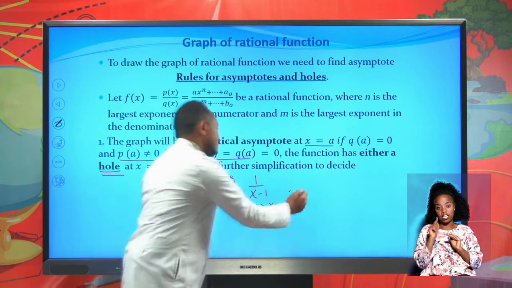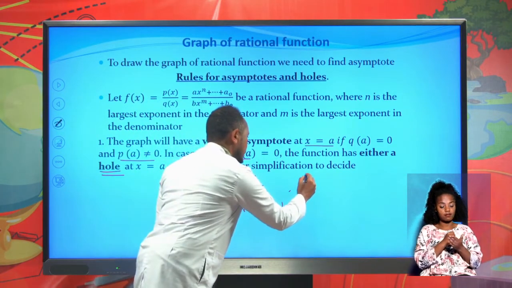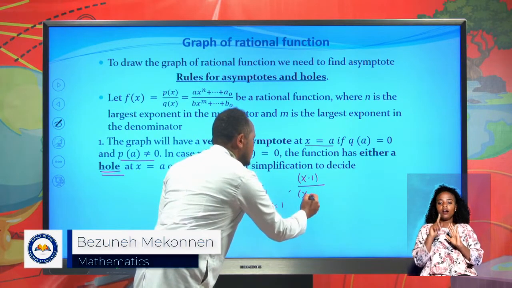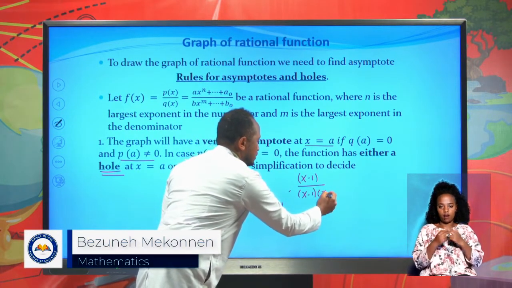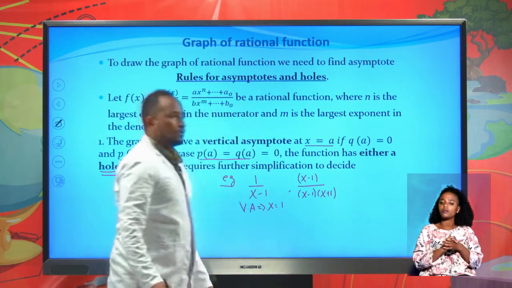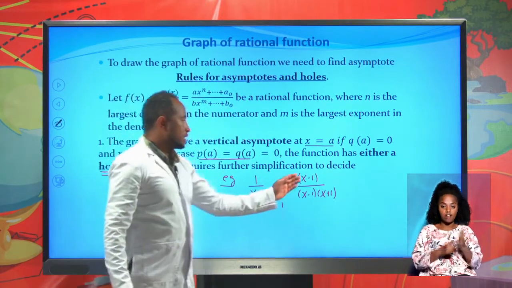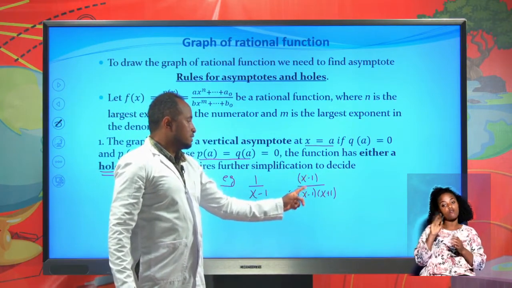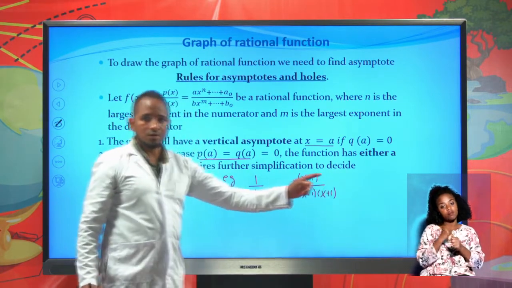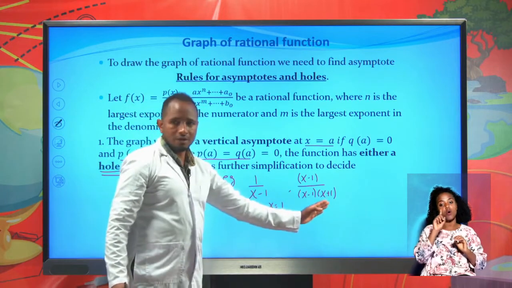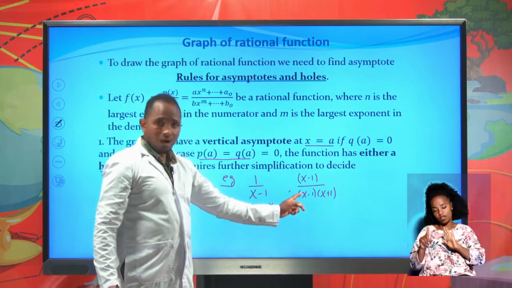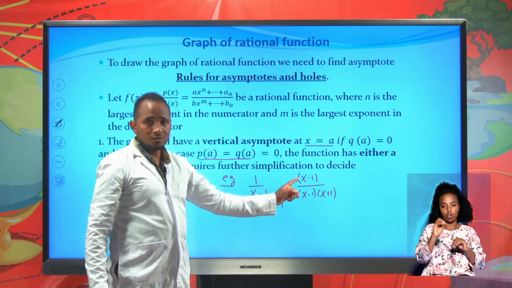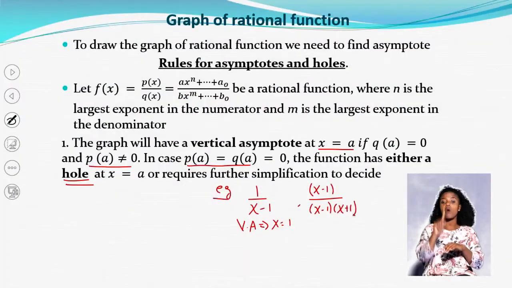If you take x minus 1 over x minus 1 times x plus 1, the values of x that make the denominator 0 are 1 and negative 1. But 1 makes both the numerator and the denominator 0.